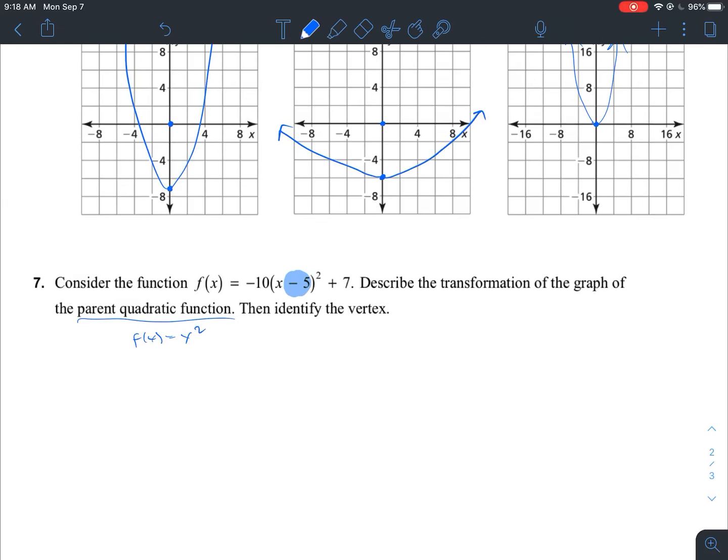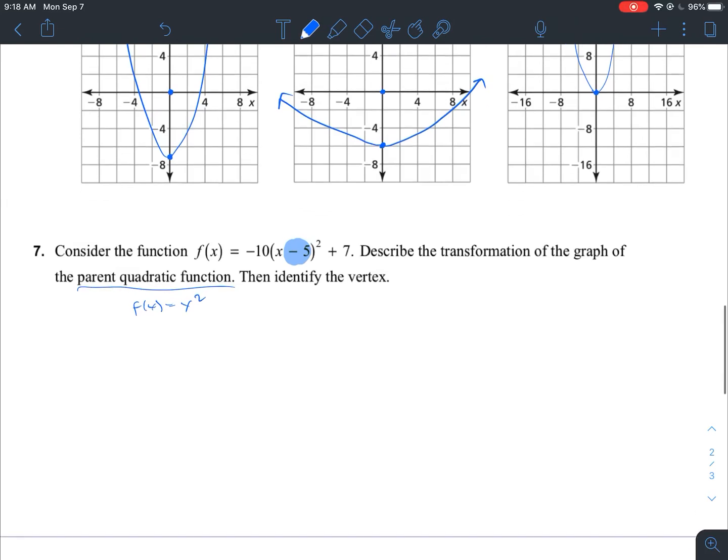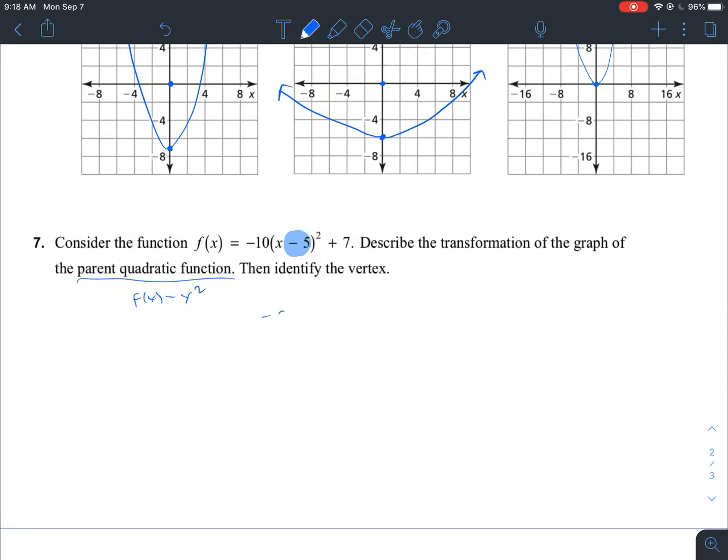So that means it's going to be shifted in the positive direction, right? So we're going to say shift right 5 units. And then we're going to add 7 outside of our parentheses. So that's shift up 7 units.